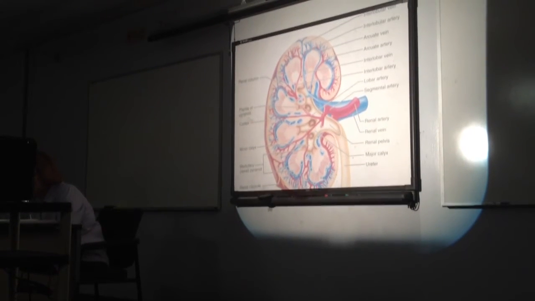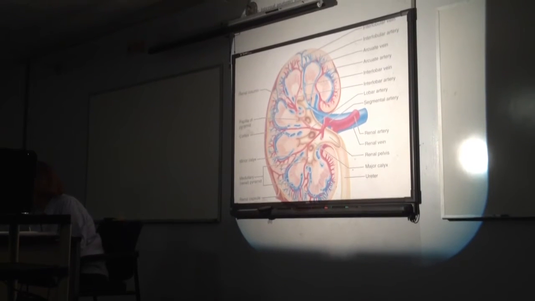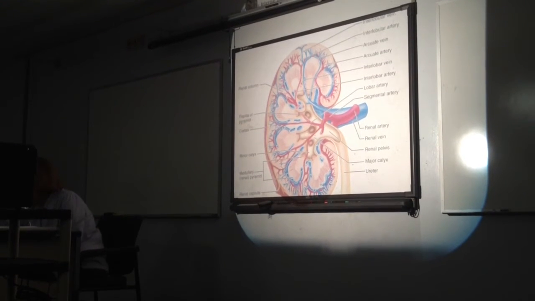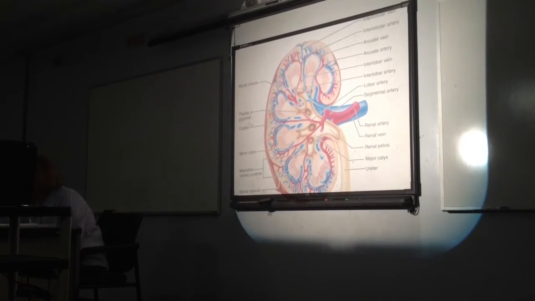There are between 8 and 14 per kidney, and these smaller tubes are called the minor calyces.